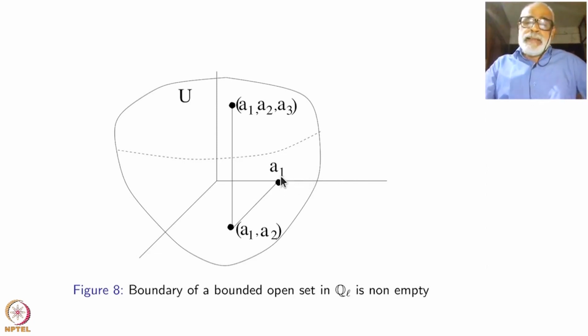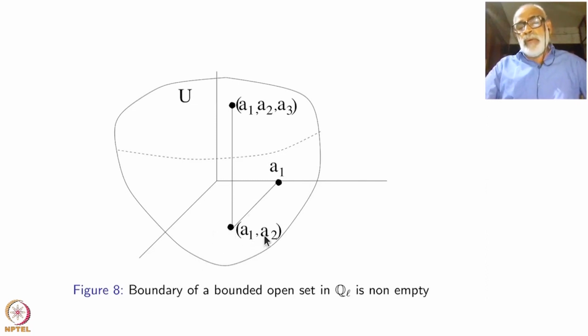Next, I keep this first coordinate a1 and move to R2. Keeping the first coordinate a1 as it is, I choose a2 so that this point is again closer to the boundary. So this was a1 I have chosen, with distance 1, and here I will choose 1 by 2.